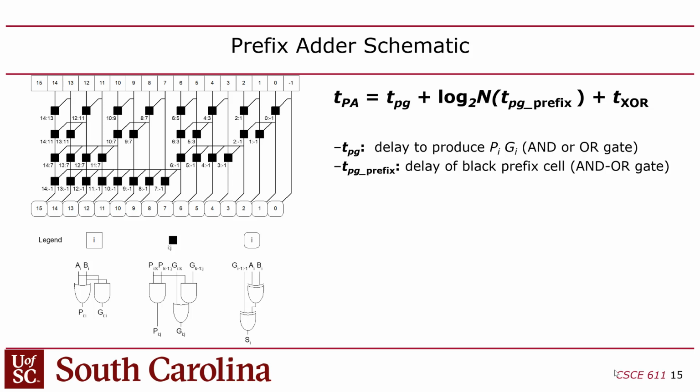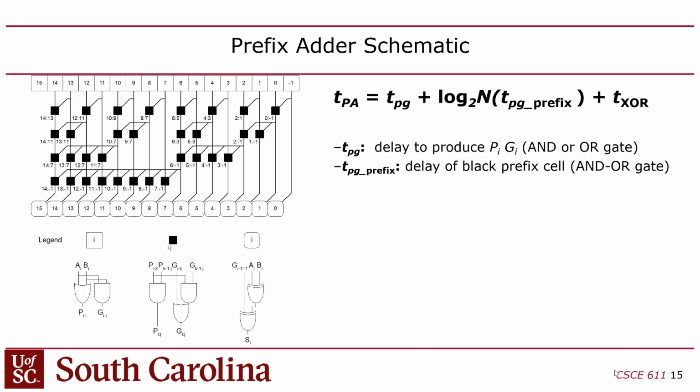But then I can continue to create these groupings. So now that I have generate and propagate 14 down to 13 and 12 down to 11, for instance, I can then, now this is where it gets kind of wild, I can combine together another two groups, 14 down to 13 and 12 down to 11. So now I take two 2-bit groups and I put them together.